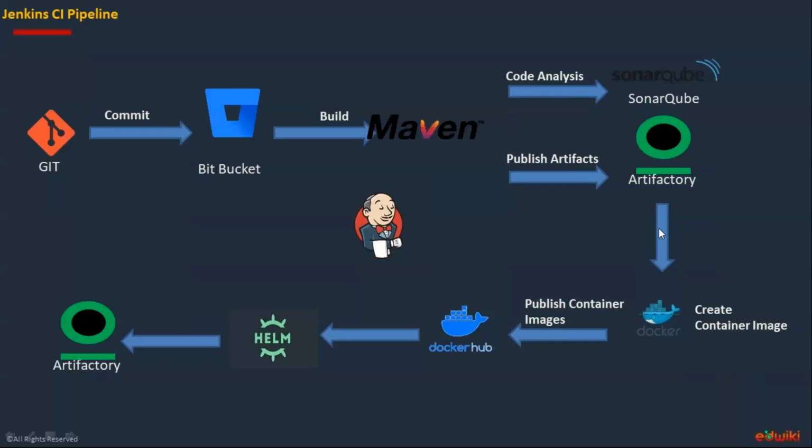Tomorrow the developer may say, I don't want Maven, it should be Gradle. The developer may say, I don't want Docker Hub, it should be an ECR repository. Sometimes the developer says, I don't want SonarQube, please remove that stage altogether. That means the steps or stages may vary based on the requirement, the programming language, and the project nature. They need not be the same always. Getting me, guys?